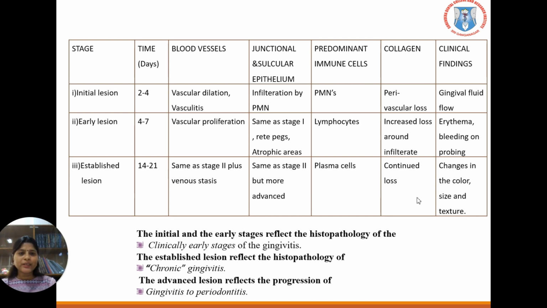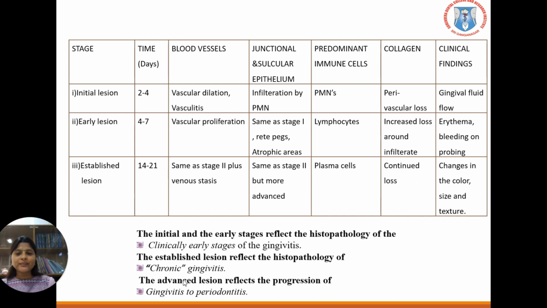So the changes we see are more accentuated in the established lesion. If this lesion remains stable, the patient will have chronic gingivitis. If it is not stable and is progressive, it will result in periodontitis. So initial and early stages reflect the histopathology of clinically early stages of gingivitis.